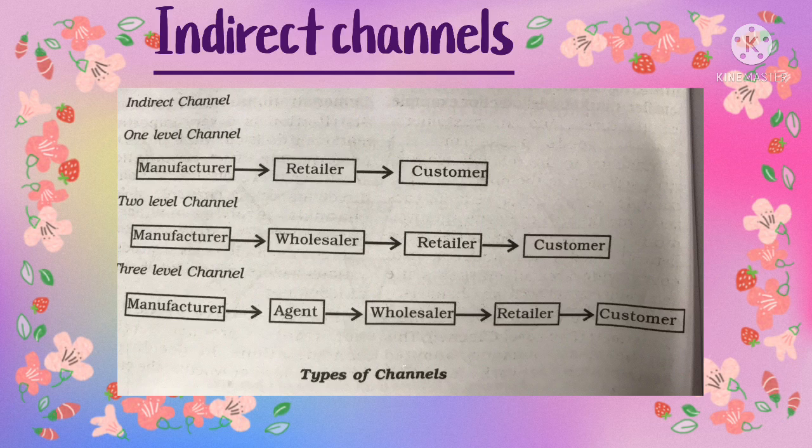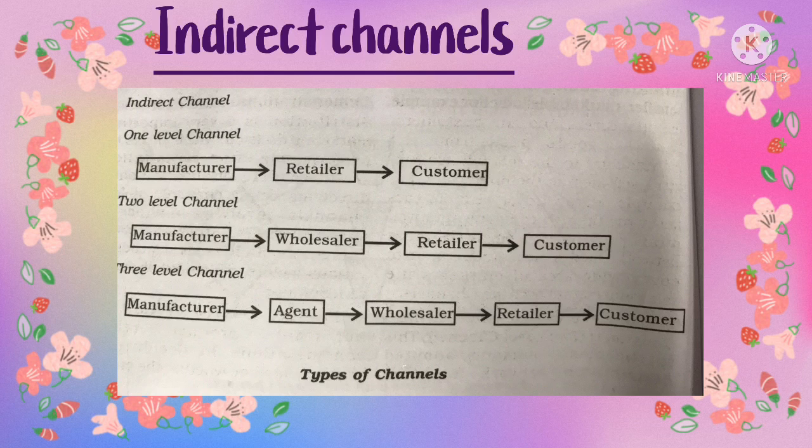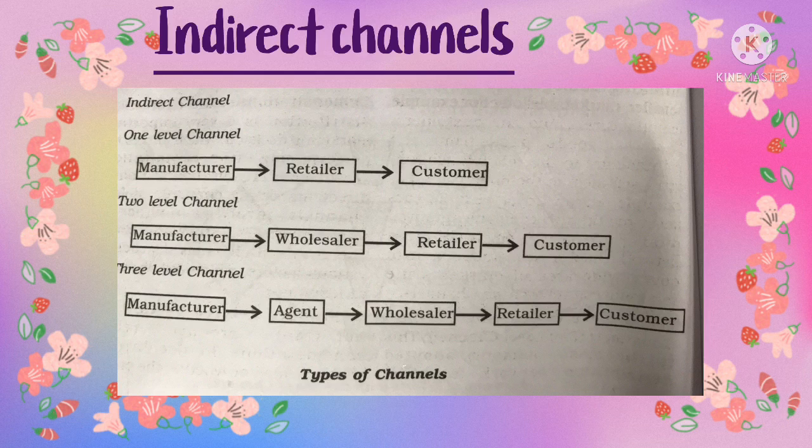And the third is the three level channel. The three level channel includes manufacturer, agent, wholesalers, retailers and ultimately the customers. That means there are three intermediaries or three middlemen in this three level channel.